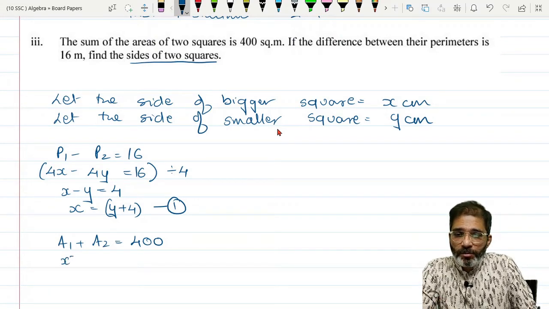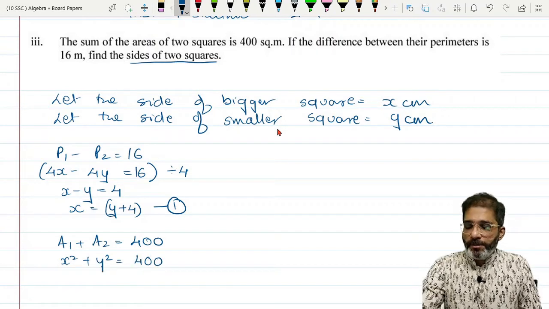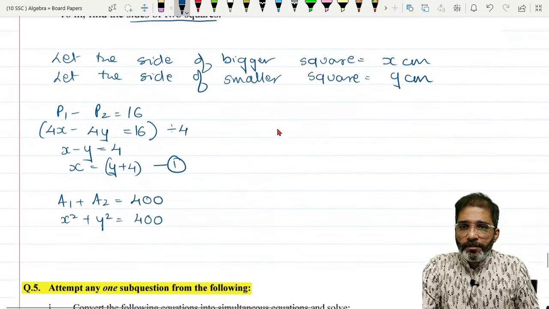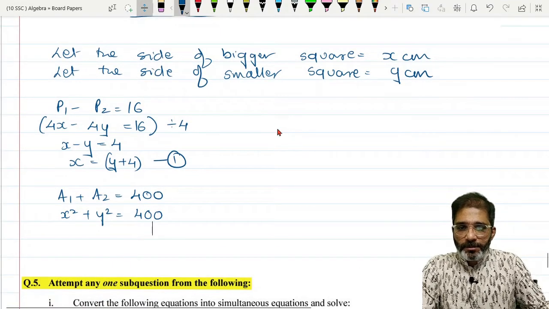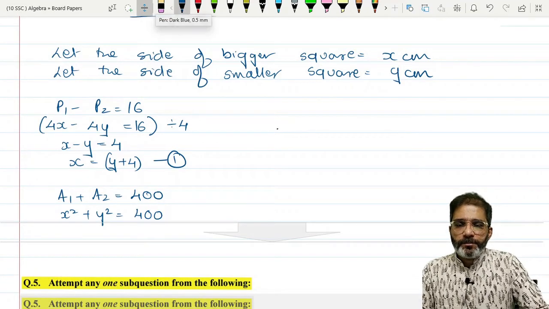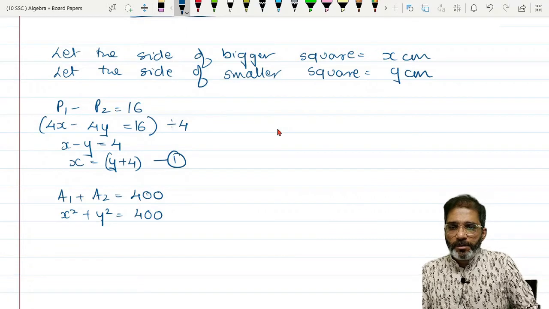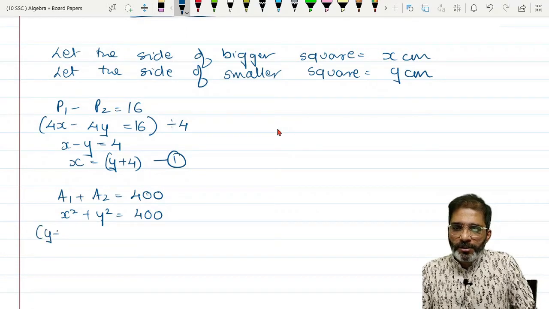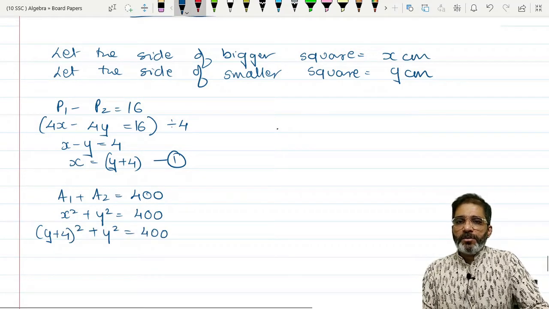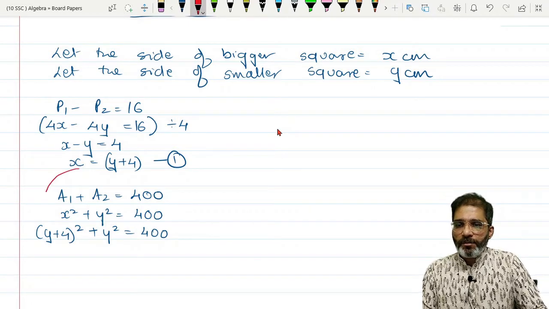So the area is x square plus y square equals 400. Now we are going to substitute the value of x over here. So that is (y plus 4) whole square plus y square equals 400.